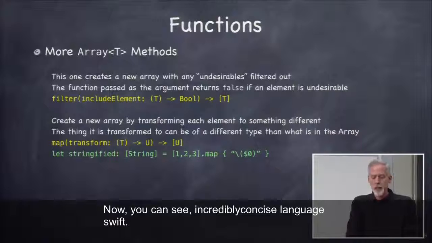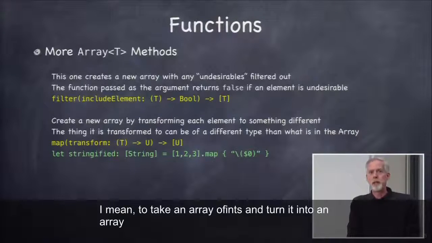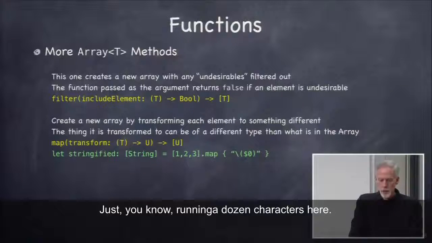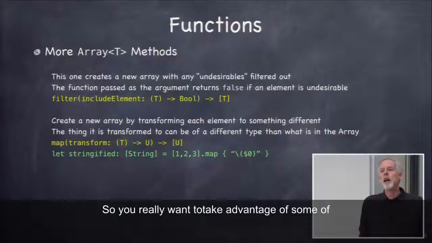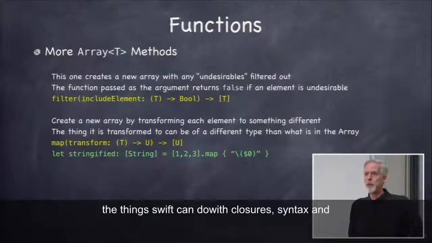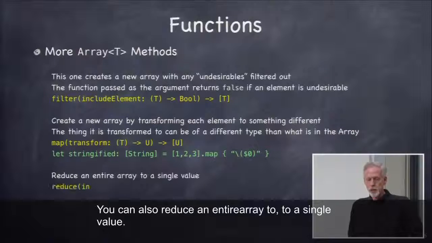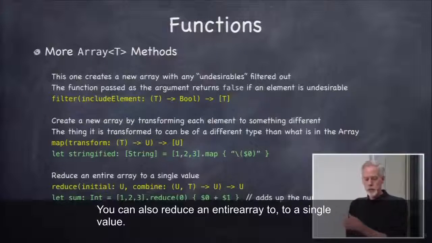Now you can see, incredibly concise language, Swift. To take an array of ints and turn it into an array of strings, no for loops, no nothing, just, I don't know, a dozen characters here. So you really want to take advantage of some of the things Swift can do with closures, syntax, and things like that. You can also reduce an entire array to a single value.